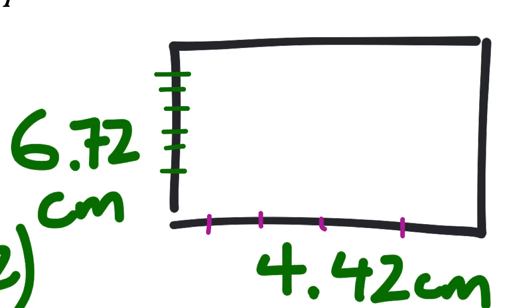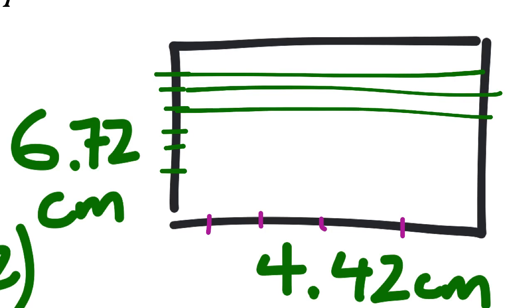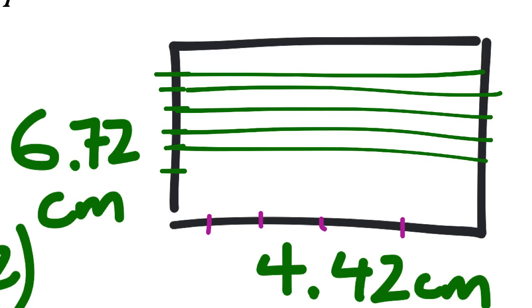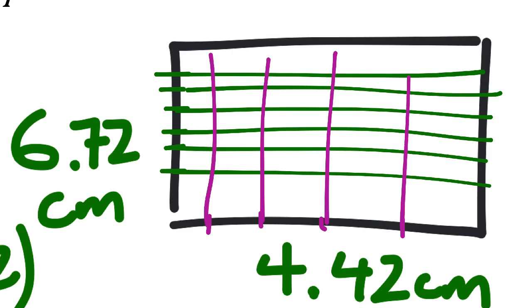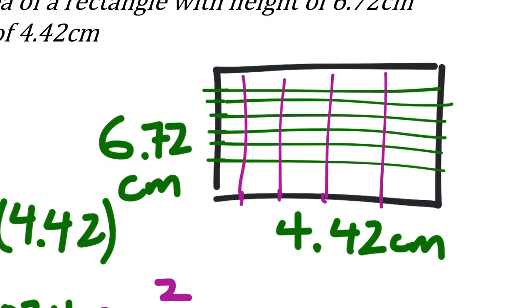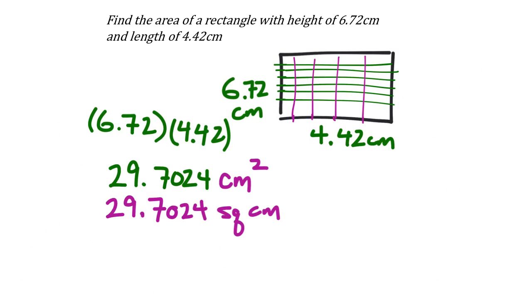So what it's saying is that if I actually split this up into squares, and you'll have to forgive my drawing, I would actually have in that rectangle 29.7024 squares inside that rectangle. Now, again, my drawing is not great. Maybe it is bad. I don't know.